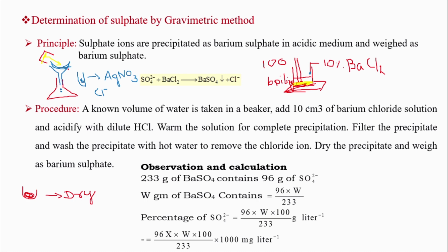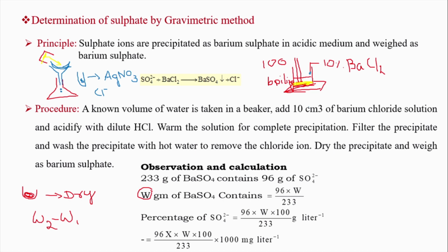After drying along with the precipitate, we take the weight. The difference between the two weights, W2 with the precipitate and W1 the empty weight, gives us the weight of the barium sulfate formed from the water sample. So this is how the experiment is carried out.